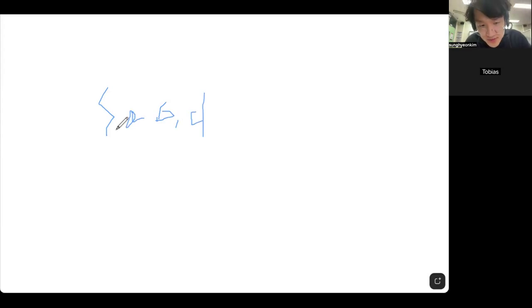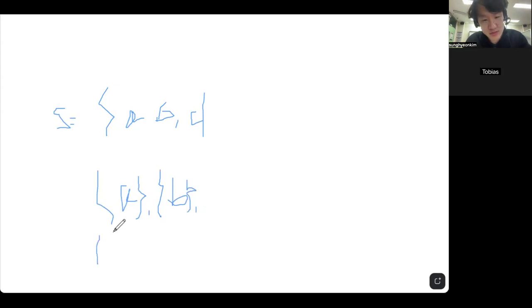The set of all subsets of S. So if we think about the subsets of this, let's say this is S, then {a} will be a subset of S, and {b} will be a subset of S, {c} will be a subset of S, and {a, b} will be a subset of S. {a, c} will be a subset of S, and the power set is dot dot dot.